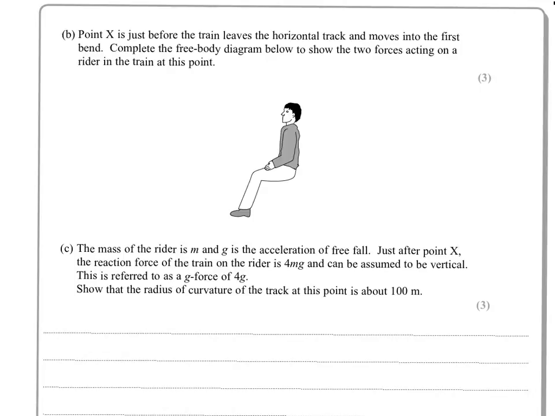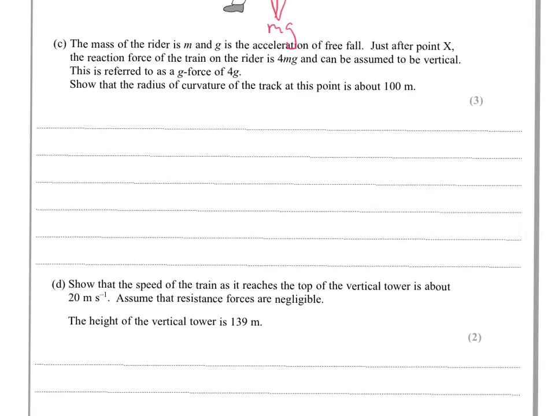It's still moving horizontally, so you're going to have the person's weight, and you're going to have some kind of normal reaction from the seat. And you need to say what those are, not just letters. Mass of the rider is m, and g is acceleration of freefall.